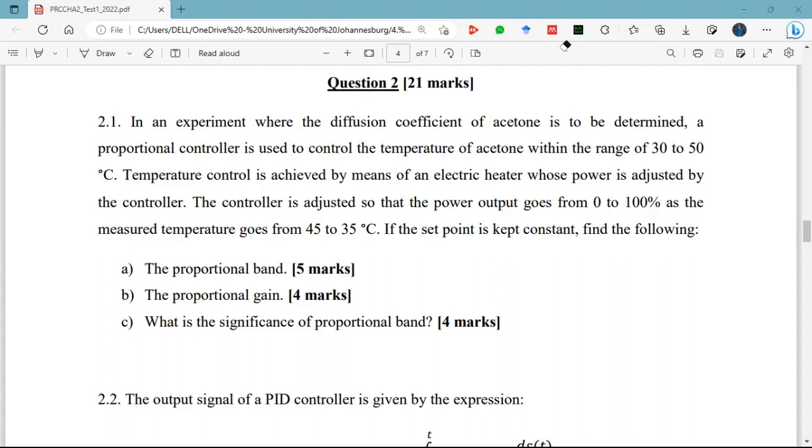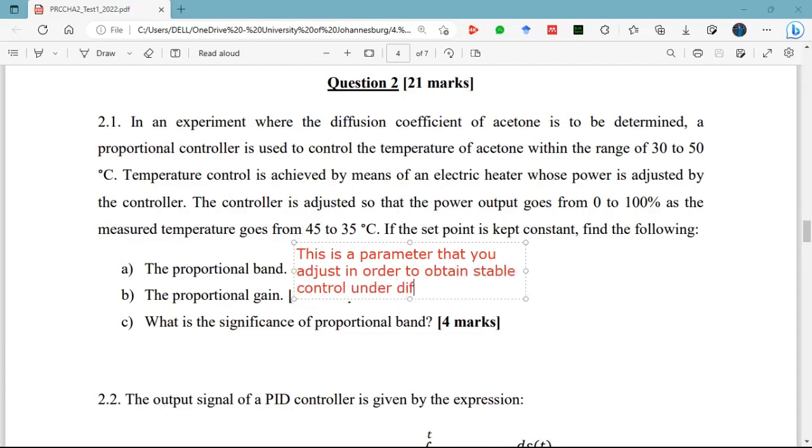In words, the significance is that this is a parameter that you adjust in order to obtain stable control under different process conditions.